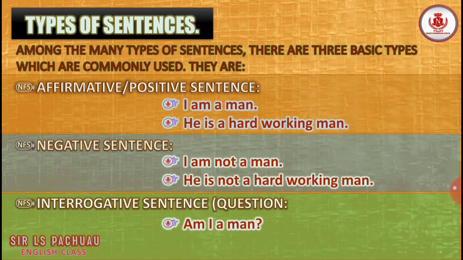So in interrogative or question sentences, you have to put a question mark. Or here, "Is he a hard-working man?" It goes the same, with a question mark. So right now we understand affirmative, negative and interrogative sentences.